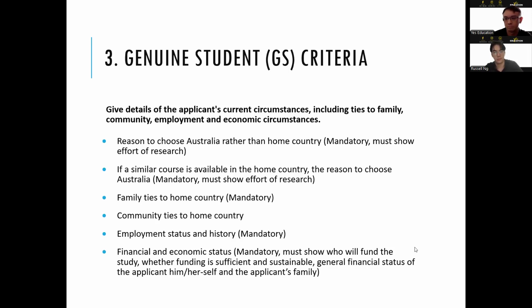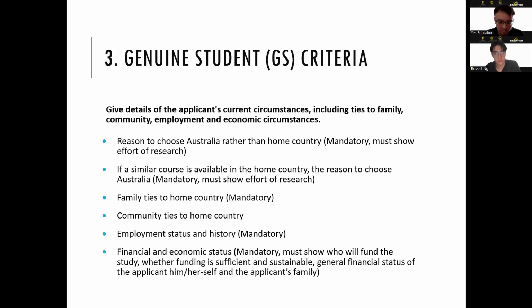So there are several issues. I have listed the key issues that you need to talk about, you need to discuss, you need to make arguments for in this question. So first of all, you need to talk about why you're choosing Australia rather than your home country. It's mandatory.